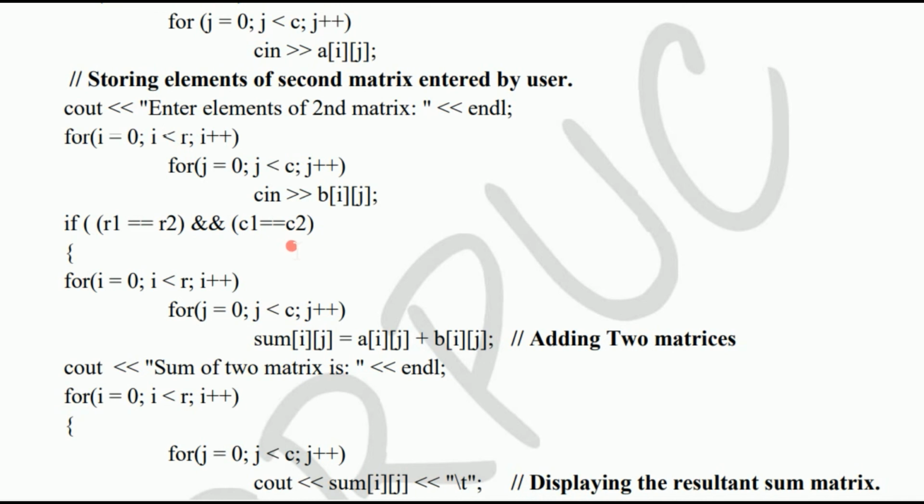Then we check if R1 is equal to R2 and C1 is equal to C2. To add, the rows of the first matrix and the rows of the second matrix must be the same, and the columns of the first matrix must be equal to the columns of the second matrix.